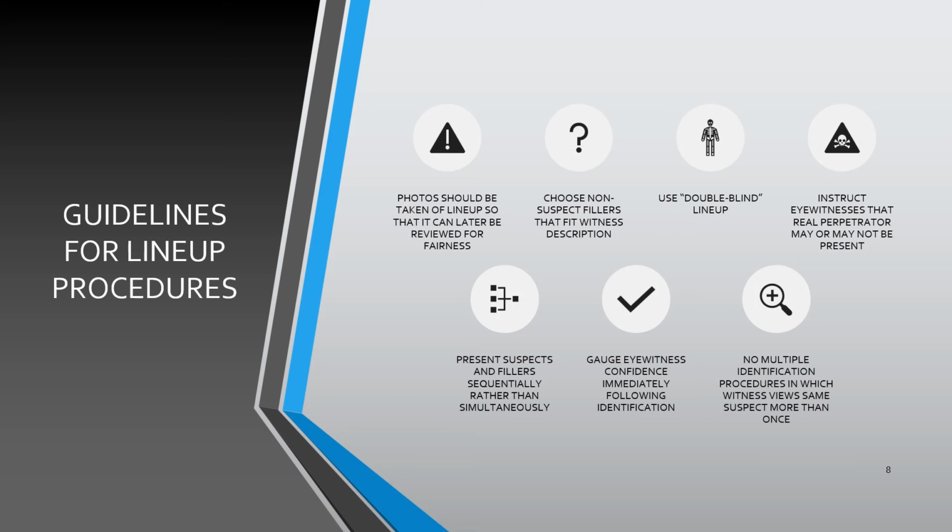For example, was the witness absolutely positive in their identification, or were they hesitant or tentative in their decision? And lastly, avoid multiple identification procedures in which a witness views the same suspect more than once.